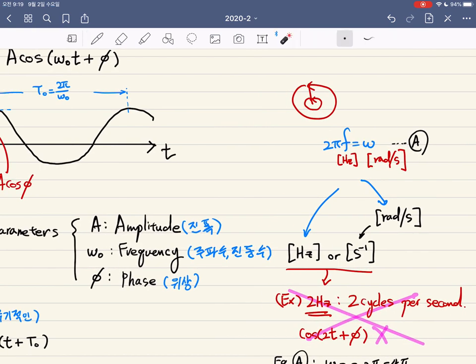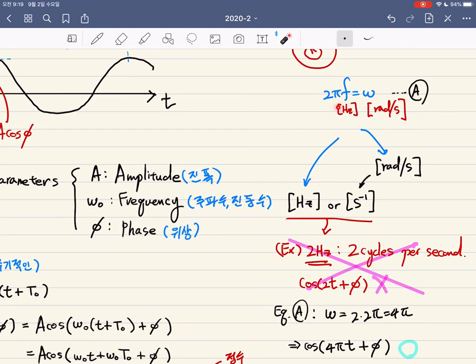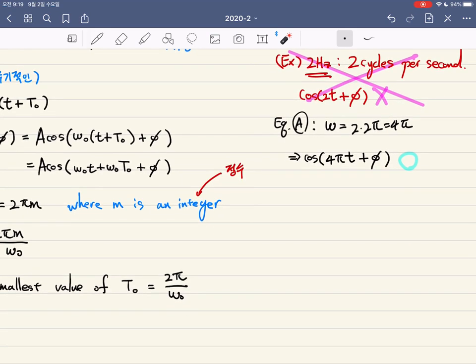And with the relation between Hertz and radian per second, which we talked about at the beginning of this movie, you can say omega is 2 pi times f, and if you substitute this into this equation, then you can also say t0, the period, is 1 over f.